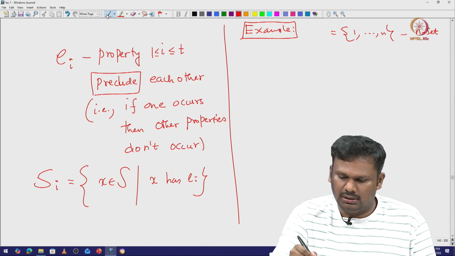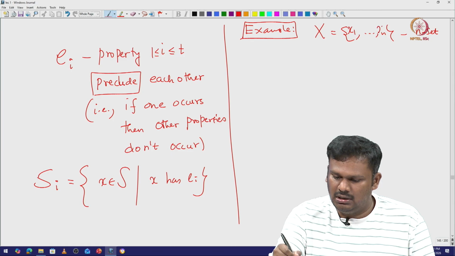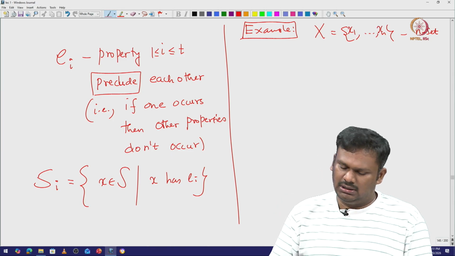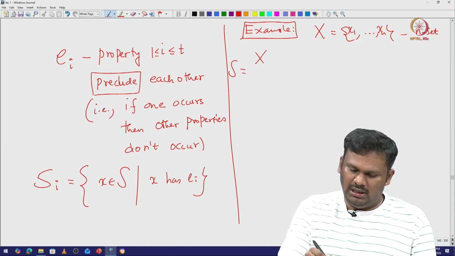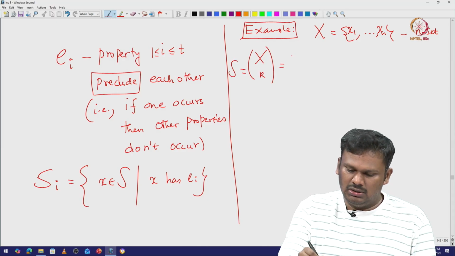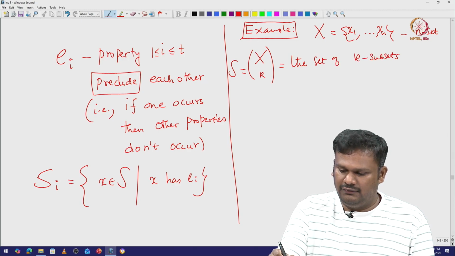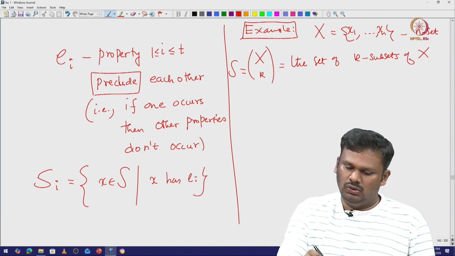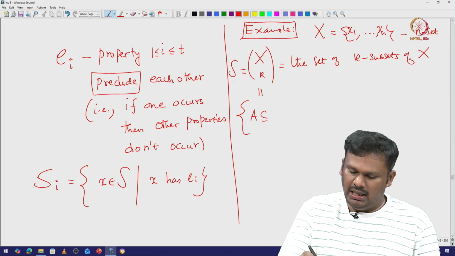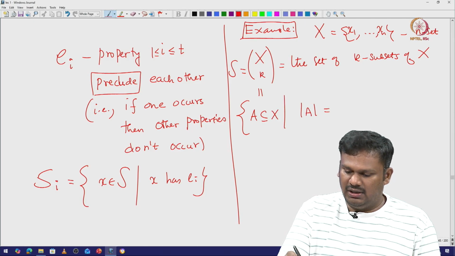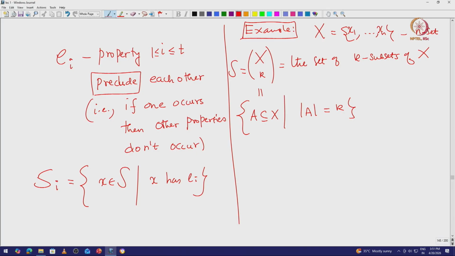So, let us take capital X, which is given by x1 etcetera xn, which is the n set. So, now let us take S to be X choose k. So, that means this is the set of all k subsets of X. So, you collect all possible subsets A of X such that the cardinality of A is k. So, now we know that the cardinality of S is nothing but n choose k.